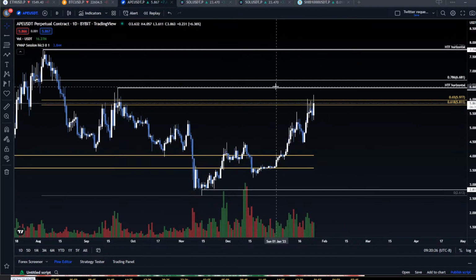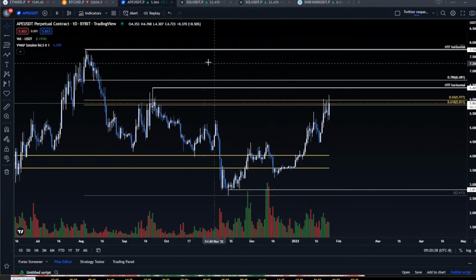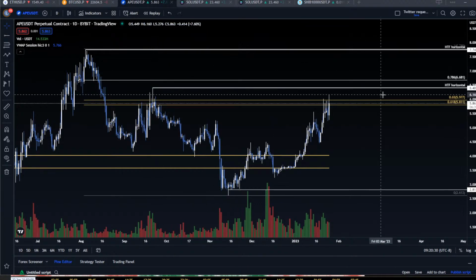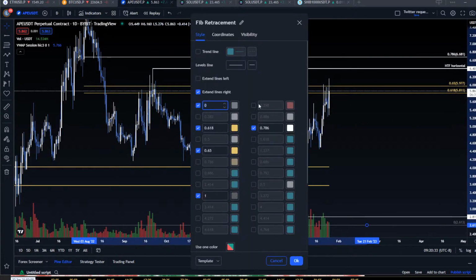Similar idea as DOT, except here we have the 786 of this local range, a swing failure idea of these highs. Let's get rid of this fib.